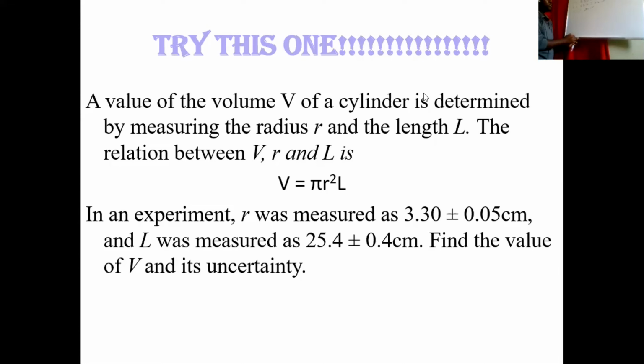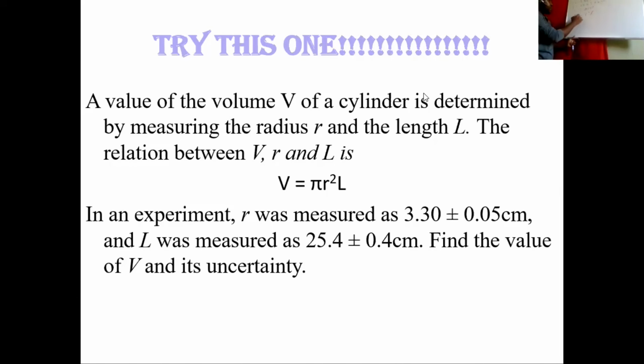All right, so in this case, we notice that it's multiplication, so we have to use our fractional uncertainty, right? And we also know that pi here is a constant, which is not measured by a measuring instrument, so we can eliminate it. So we have V equal to R squared L, right?